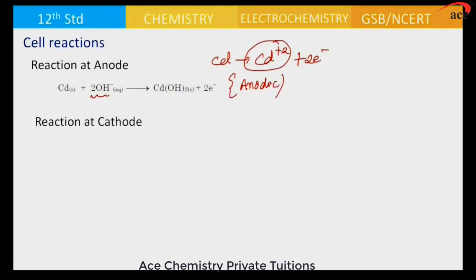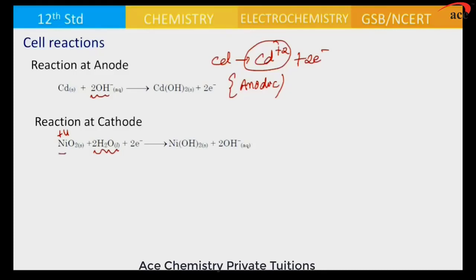Now we see the next reaction. Reaction at the cathode. We know at the cathode reduction takes place. I already told you the cathodic material is nickel oxide. Here nickel has +4 oxidation state. So nickel oxide comes in contact with water, forming nickel hydroxide. How is it forming nickel hydroxide?